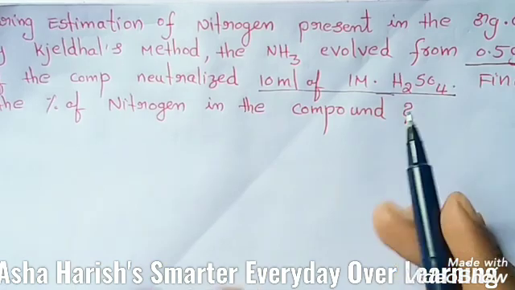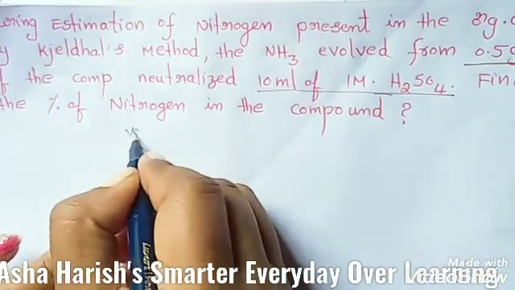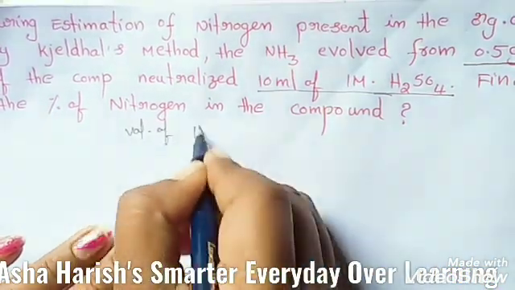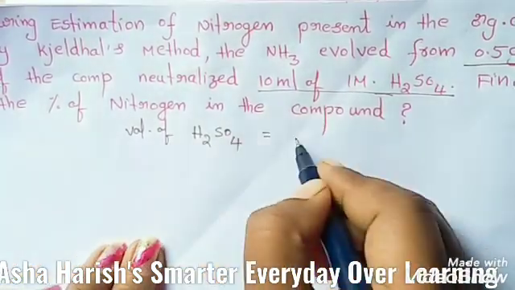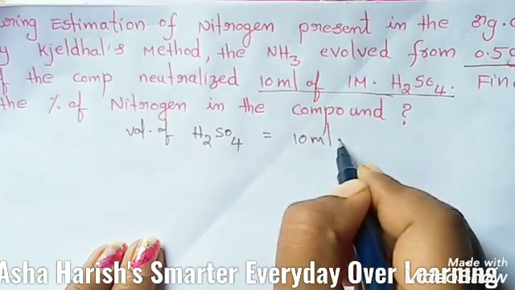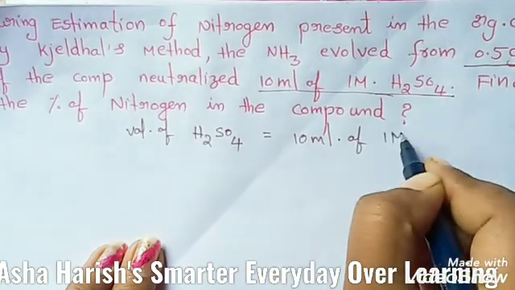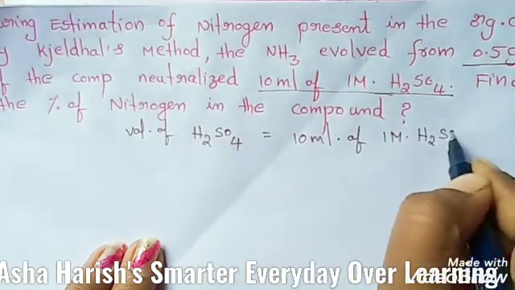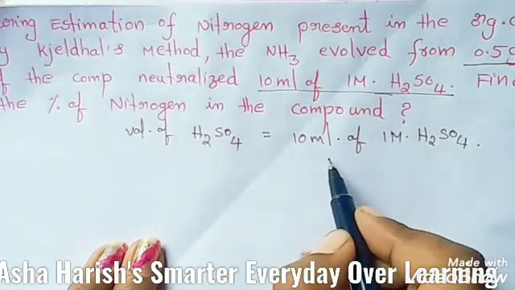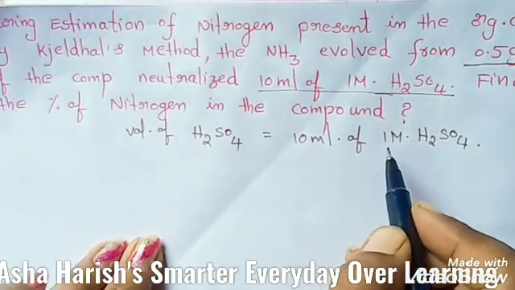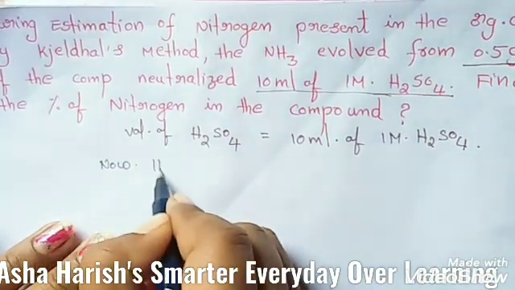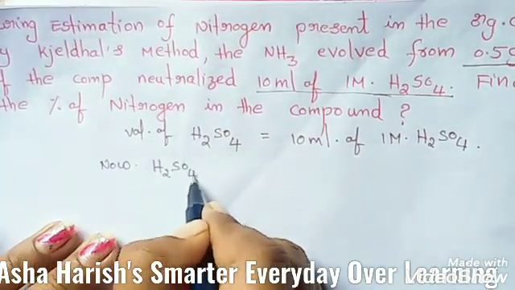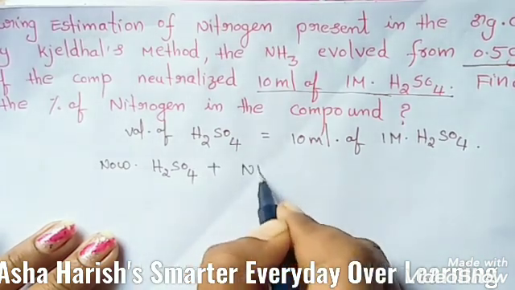Here students, some values they have given. Now let's see the volume of H2SO4 we used: 10 ml of 1 molar H2SO4. 10 ml of solution, that should be 1 molar. And now H2SO4 plus NH3.